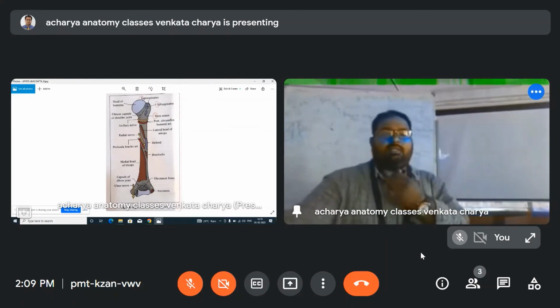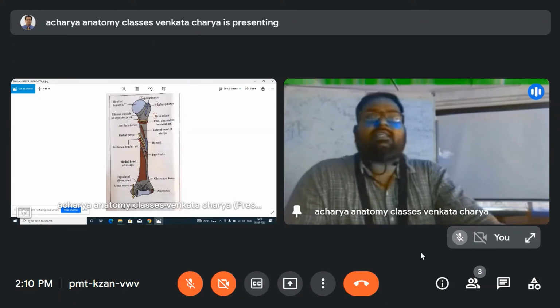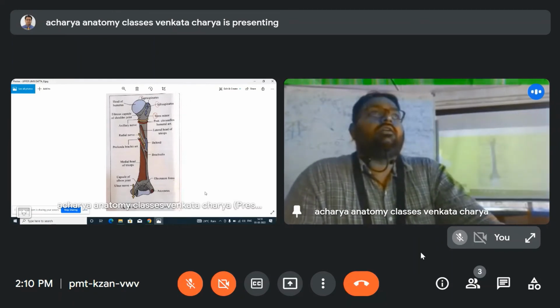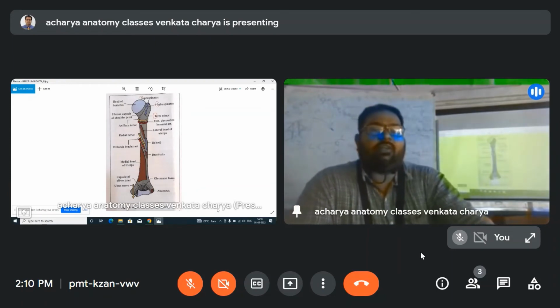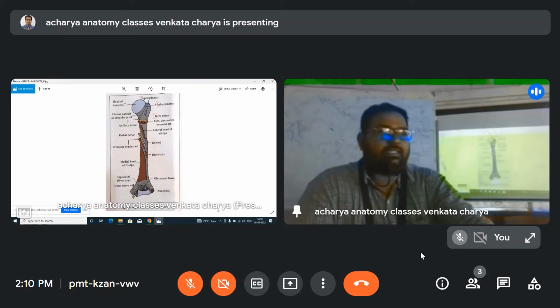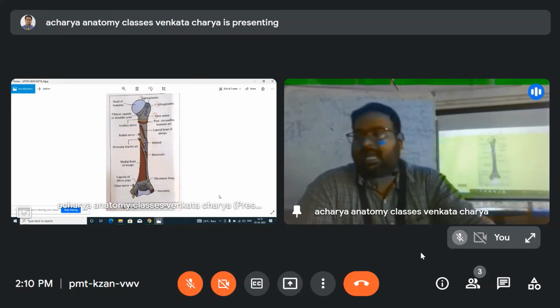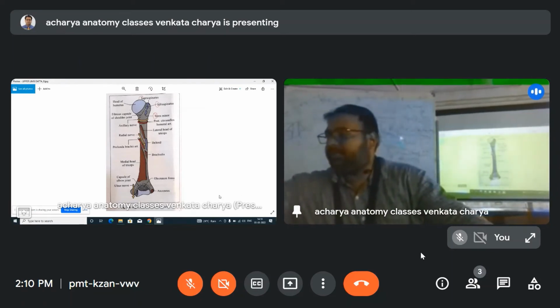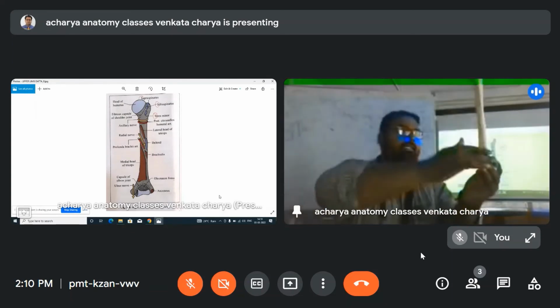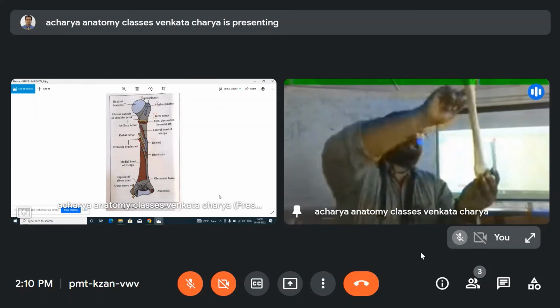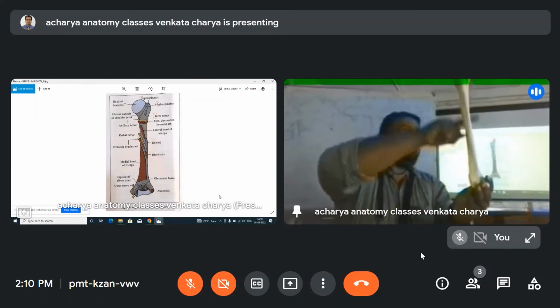Don't make noise. Now today we discuss the shaft of the humerus. In the shaft of the humerus, there is a presence of three borders and three surfaces. Number one is the anterior border. See here, this one is the anterior border, and towards the medial side there is the medial border.